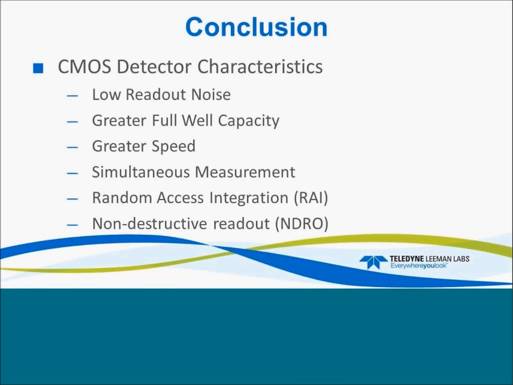Simultaneous measurement that we're used to having with the LPAD, so that gives us better coincident noise reduction. It's better for internal standards, and it's better for interfering element correction. All the measurements are made at exactly the same time. Every element, every wavelength gets exactly the same integration. So it's a truly simultaneous system. And along with all the other benefits, we still have the random access integration, and we still have the non-destructive readout, which are really integral to the way this detector performs.